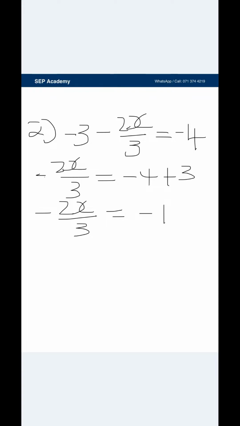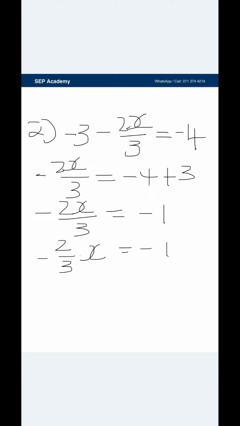Remember, it's always best to punch it on a calculator in case you are not sure. So something very much important, remember that when you have negative 2x over 3, it is still the same as negative 2 over 3, and this x being there, which is still equals to that same thing.